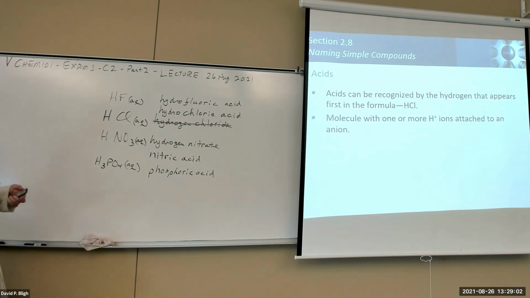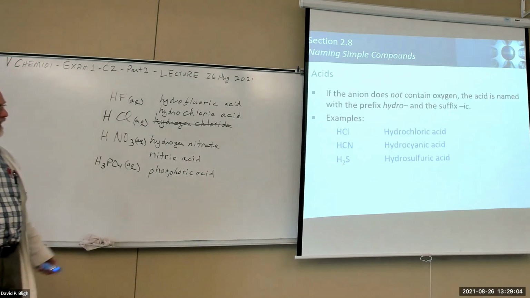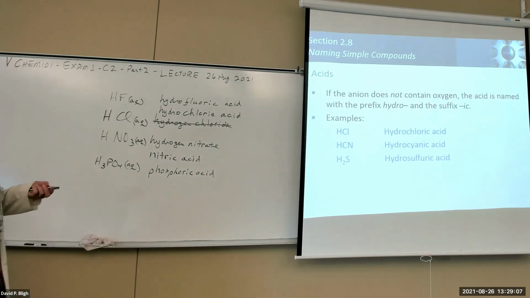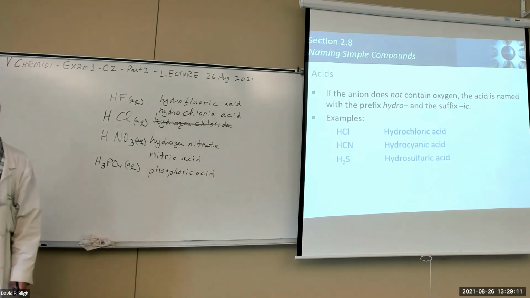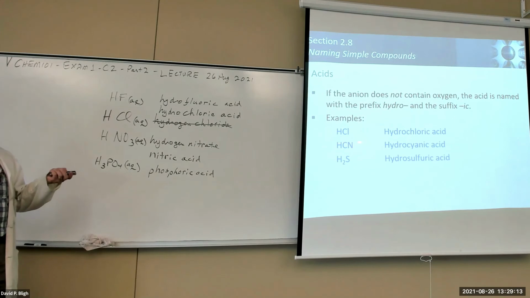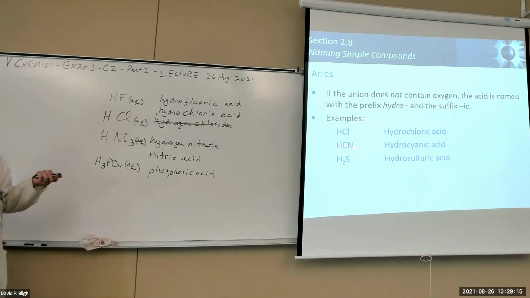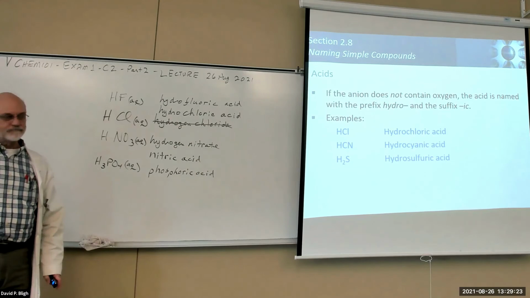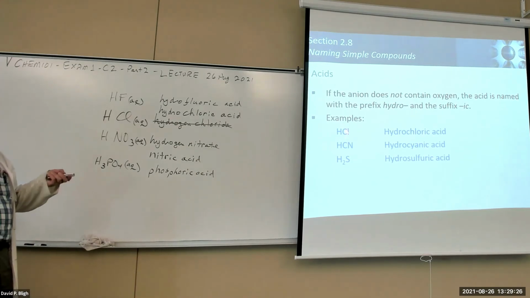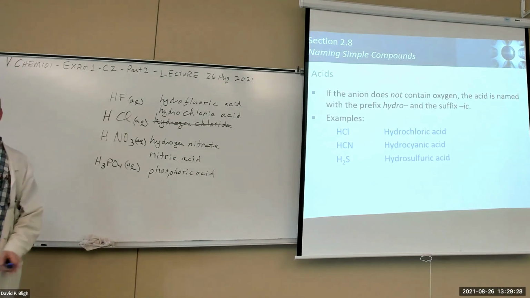Okay, we're probably going to have some examples here to look at. Hydrochloric. Oh, here's a polyatomic that doesn't have any oxygen in it. The cyanide ion, CN minus. Since it has no oxygen, we say hydro. Hydrocyanic acid. Now you have to assume that all of these are in aqueous solution, otherwise it doesn't make sense.